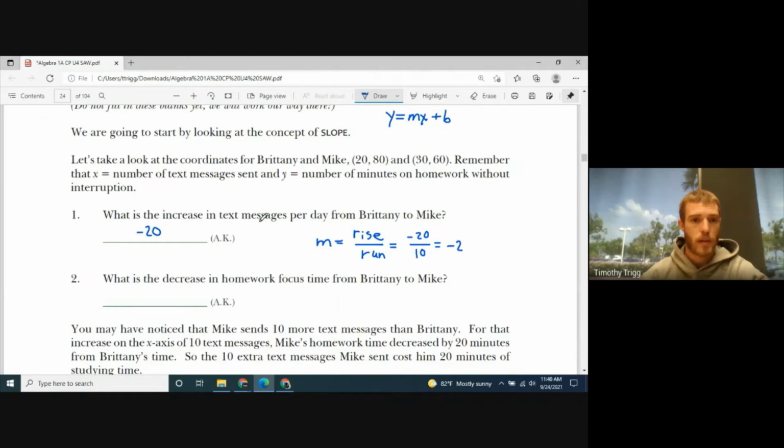I'm putting this in the wrong spot. The -20 belongs down here, and the increase in text messages was 10.